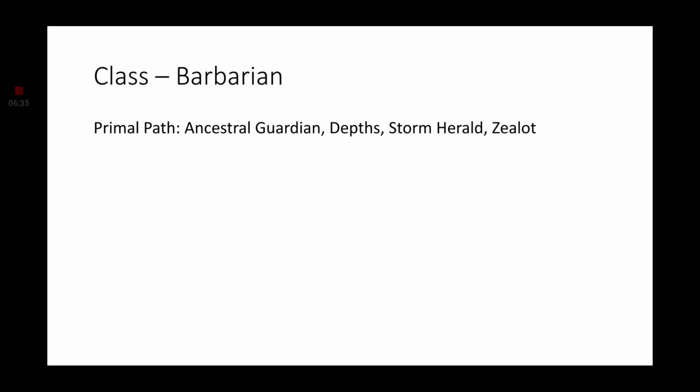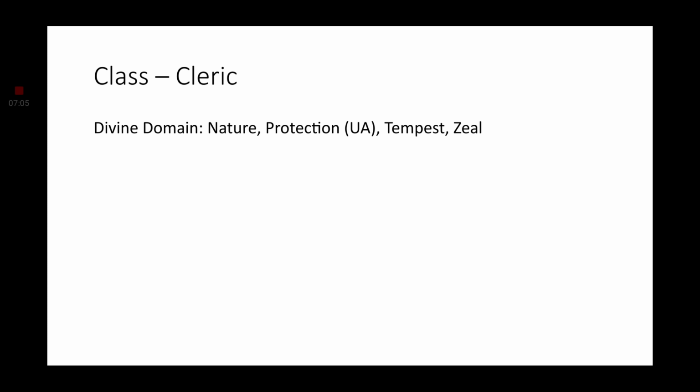So each generation kind of feels this guilt that they and their ancestors could not protect the material plane. So yeah, Ancestral Guardian kind of makes sense. Storm Herald just for the fact that they are from the elemental plane of water, but it's kind of thematic, sort of. Zealot because of their ties to their god, which we'll get into with the next class, the Cleric.